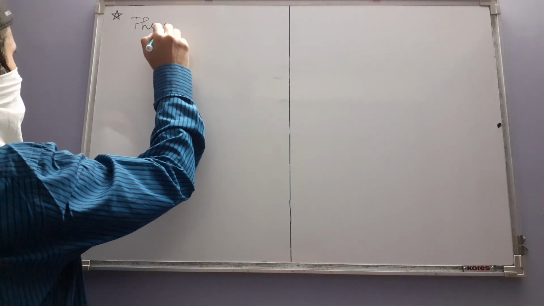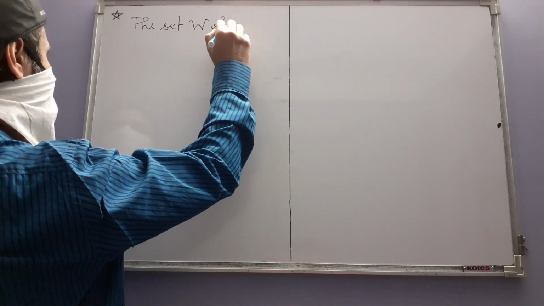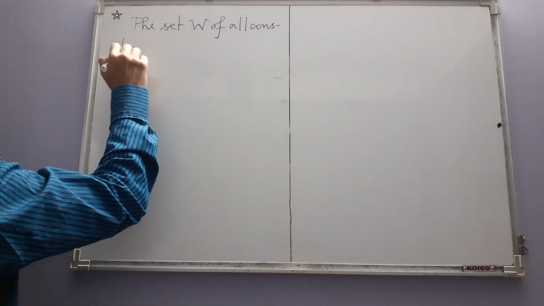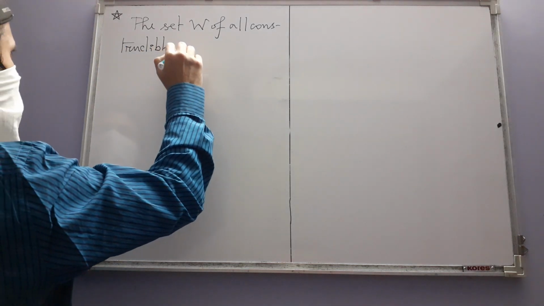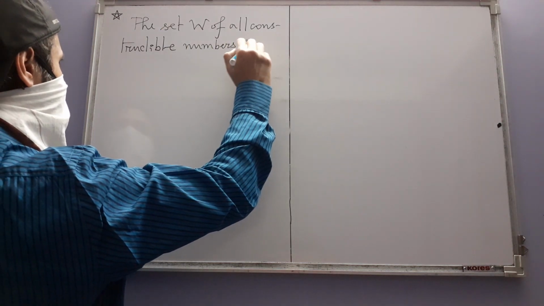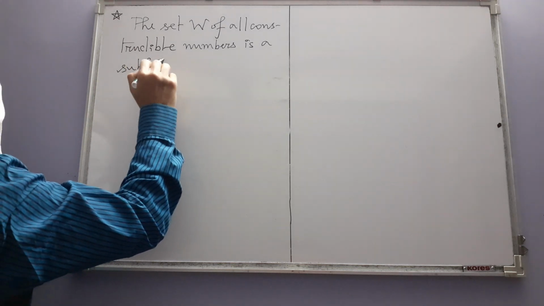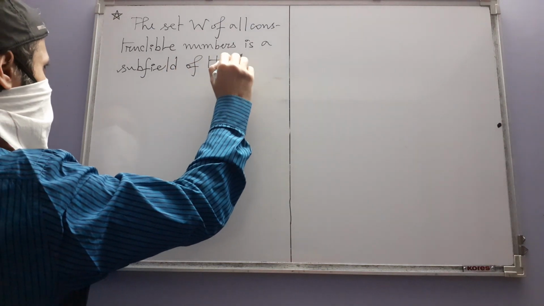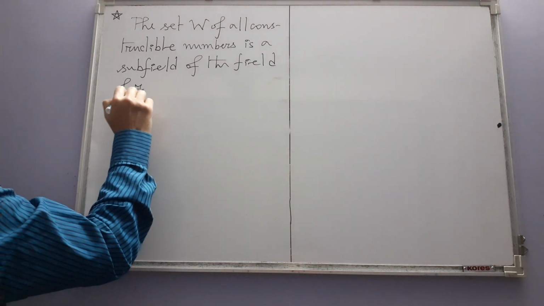The set W of all constructible numbers is a subfield of the field of real numbers.